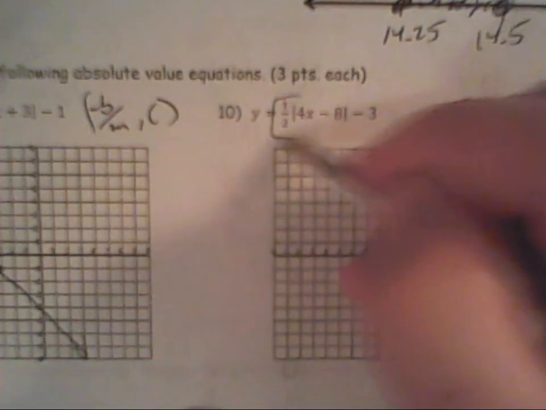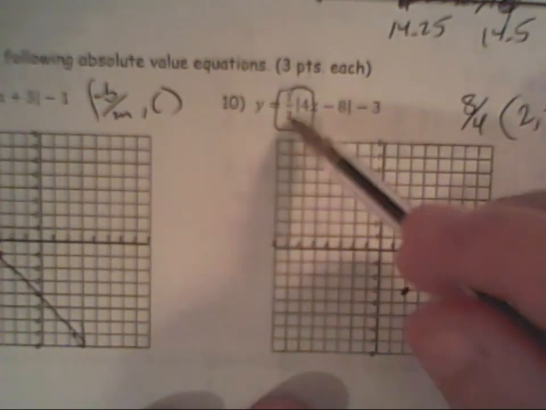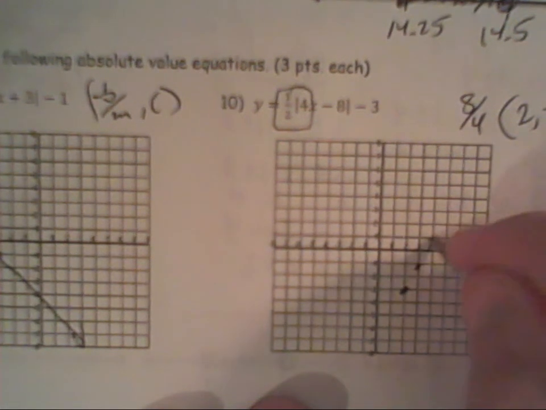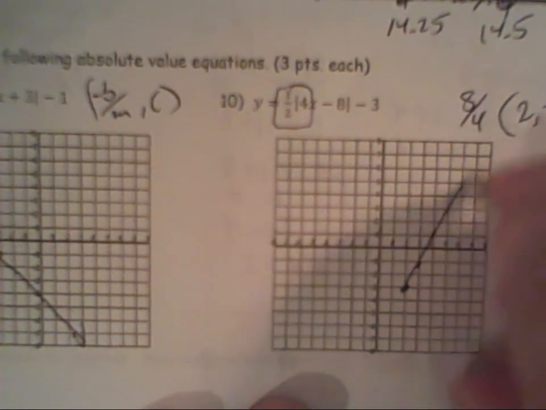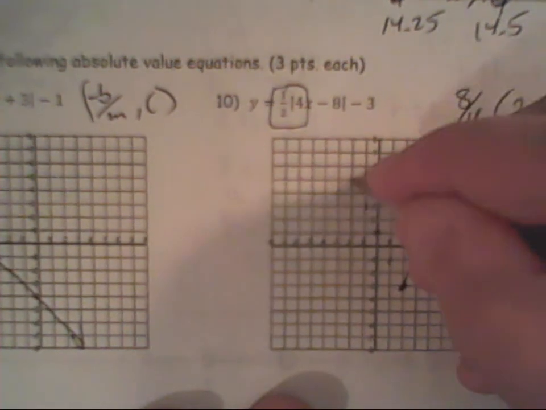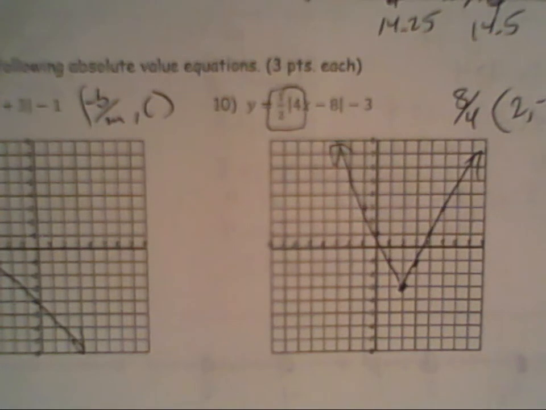Then if I multiply the a and the m together, 1/2 times 4 is 2, and it's a positive a value, so it's going to go up. And I'm going to go up 2 over 1, up 2 over 1. Half of the V is going to look like this, and then the other half of the V is going to look something like this, where the slopes are positive and negative 2. And those are worth 3 points apiece.